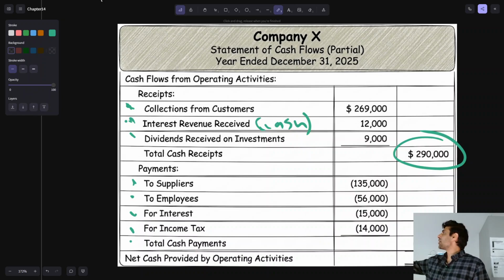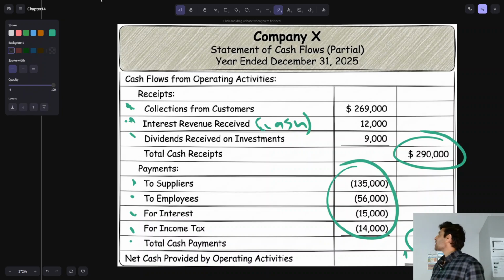They may have been for some invoice from 3 months ago or from the previous period, but you're just looking at how much cash is actually being spent on all this stuff. So you have all the cash going out, and then you figure out how much cash is provided by operating activities. It's a much more direct, as the name implies, way of understanding cash coming in and out from your operating activities.